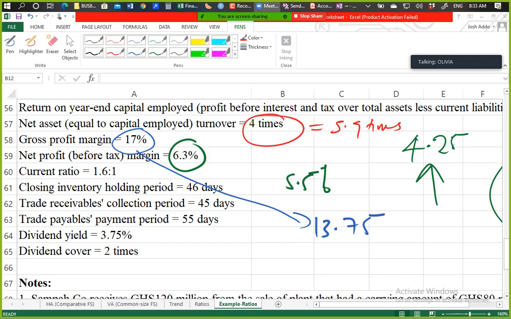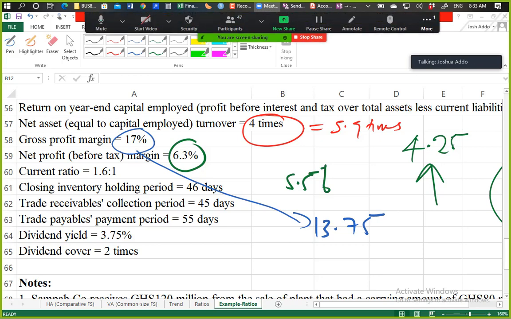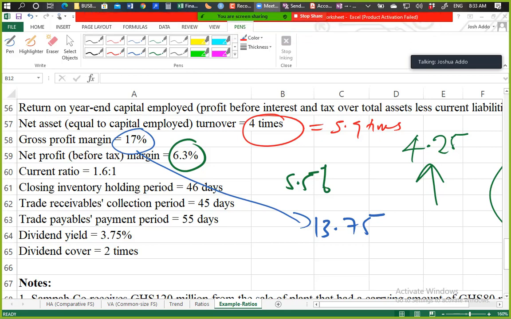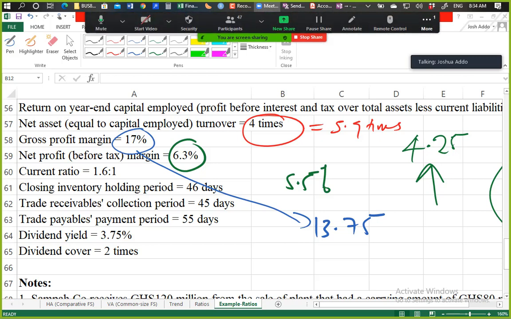So the company has performed well this year than the previous year in net asset turnover, because this year's net asset turnover has increased from 4 times to 5.9 times, an increase of about 2 times. Okay, that's okay.